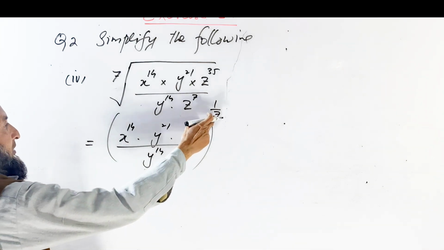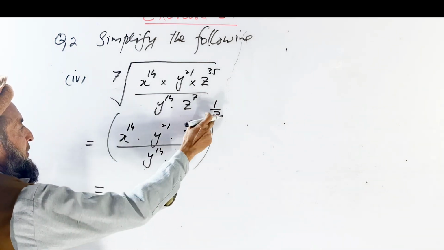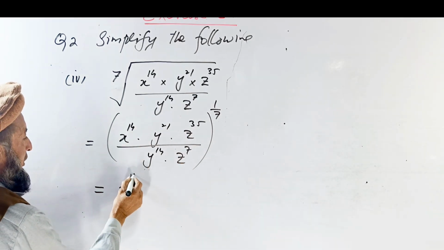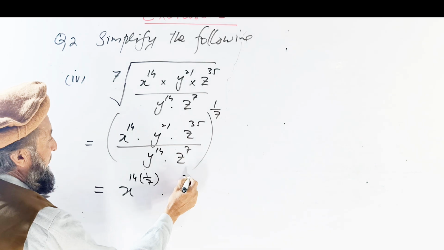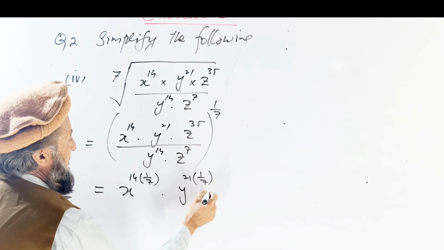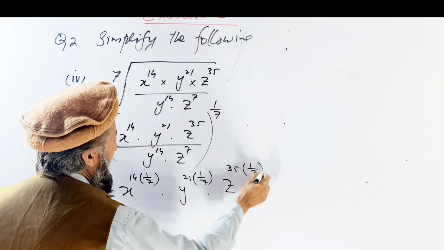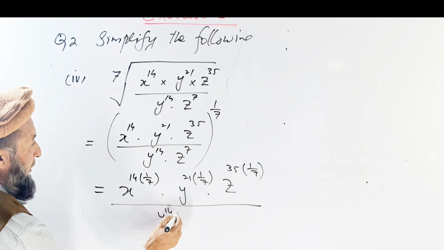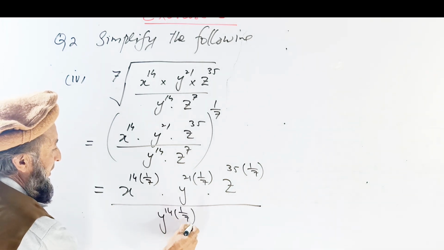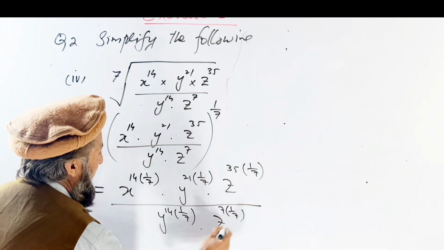Now we are applying the double exponent rules. Each term is multiplied by its power: x14 into 1 by 7, y21 into 1 by 7, similarly z35 into 1 over 7, divided by y14 into 1 over 7, and z7 into 1 over 7.